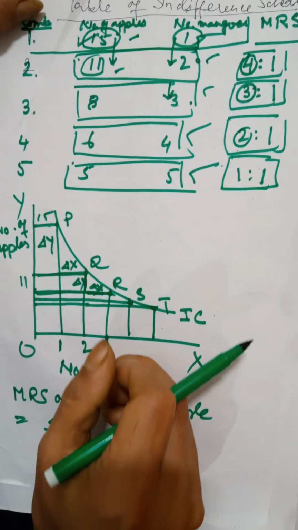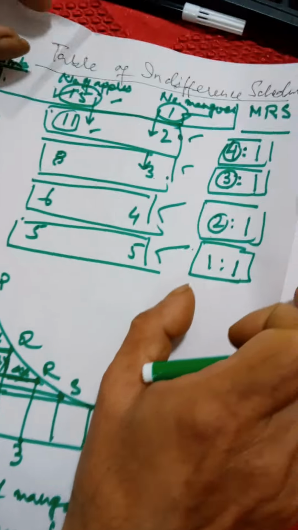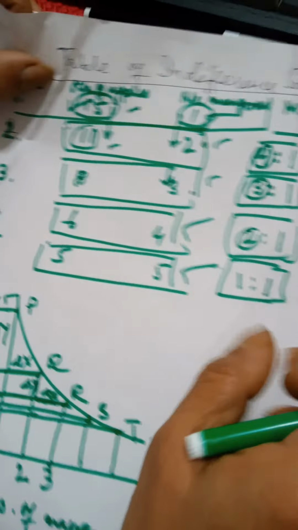Now we can have many such schedules and each schedule will lead to a single indifference curve.